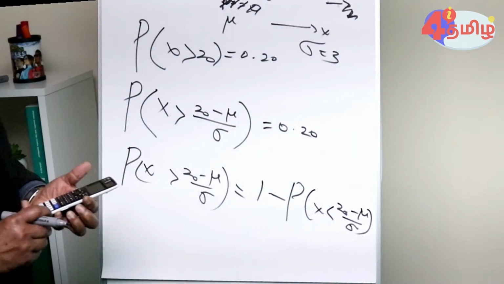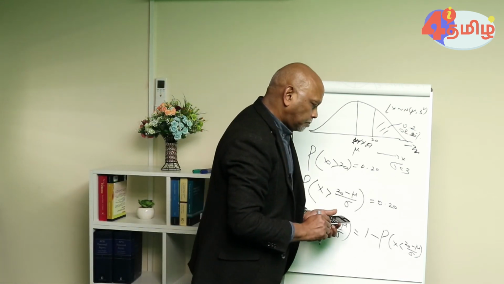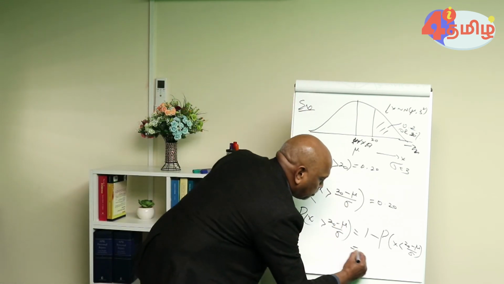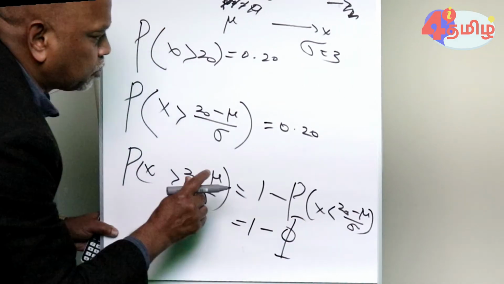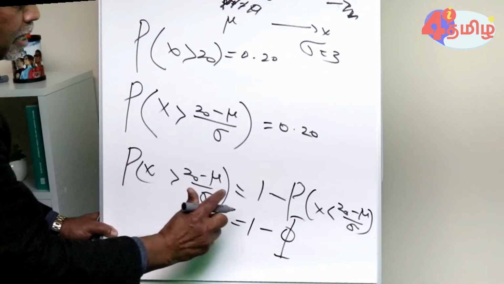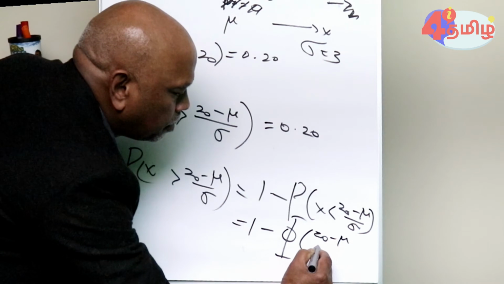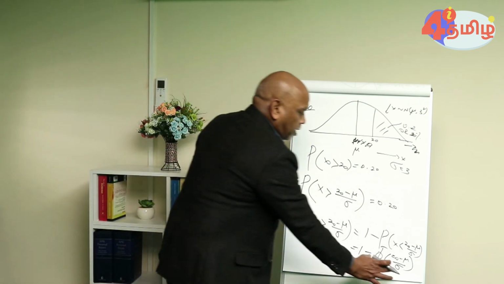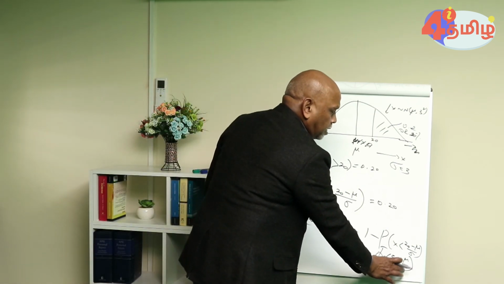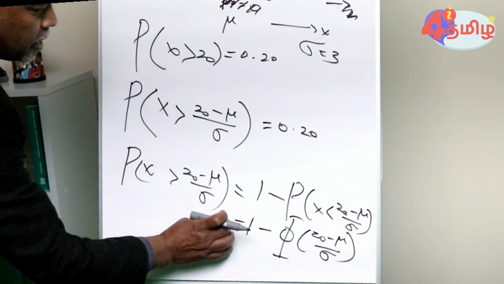Let's look at the calculator, how we can manage that. Again, we can write this minus that, isn't it? Because when you have the less than, you can actually write it as 20 minus mu divided by sigma, the standard deviation. The whole of this is 0.2.